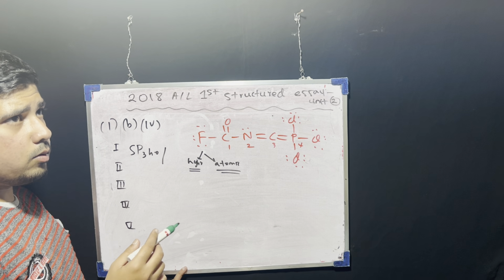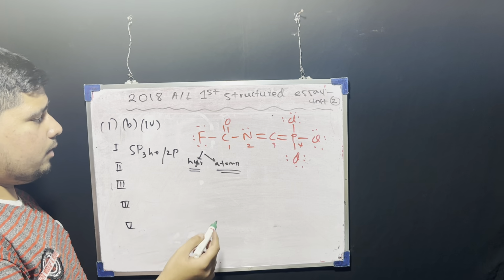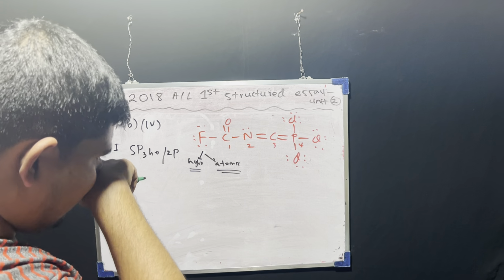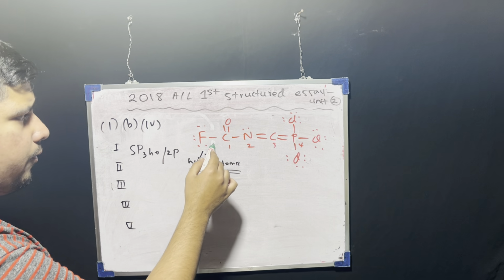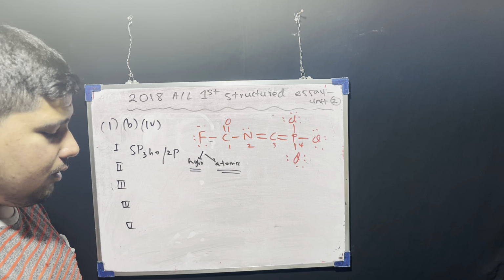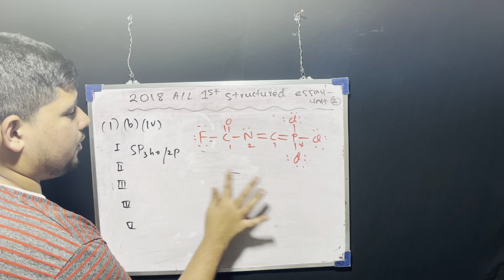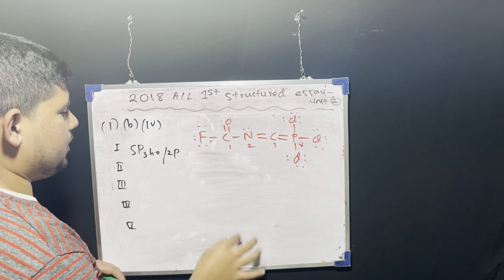Fluorine belongs to the second period, so it's 2p. The valence electron involved in this fluorine and carbon bond is in the 2p atomic orbital. For a terminal atom you can put hybrid orbital or atomic orbital.